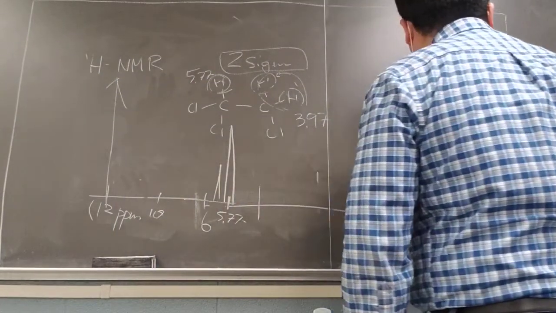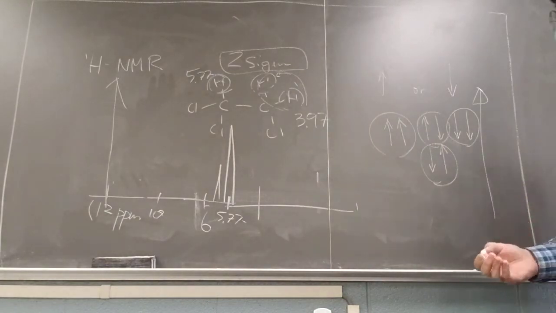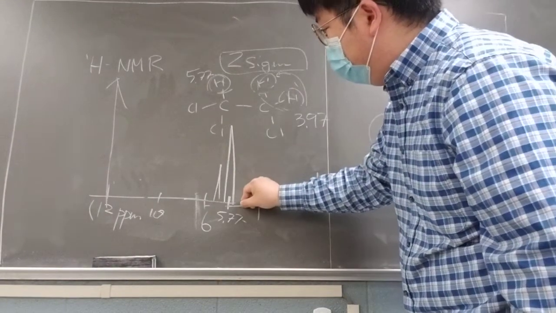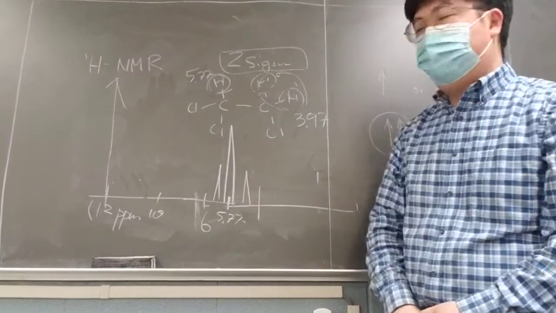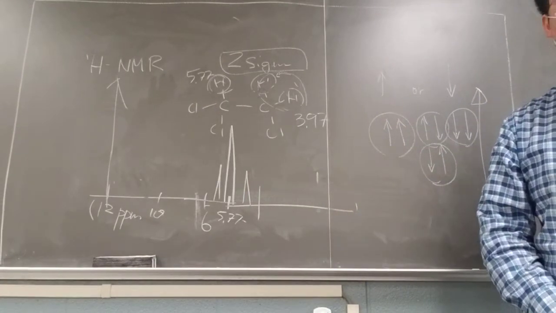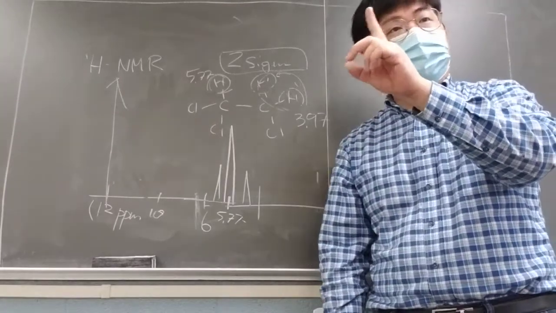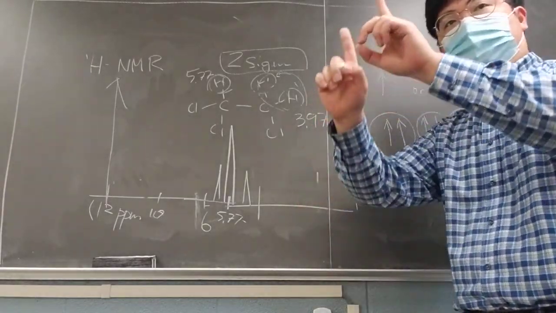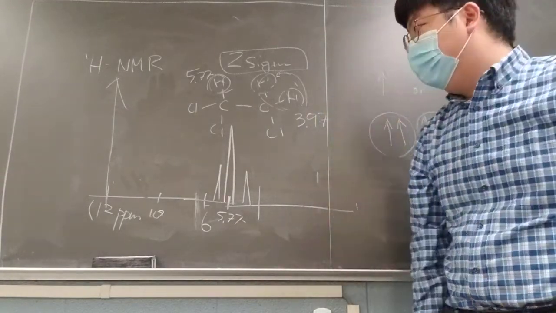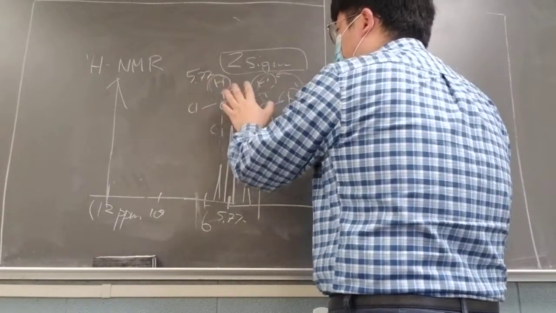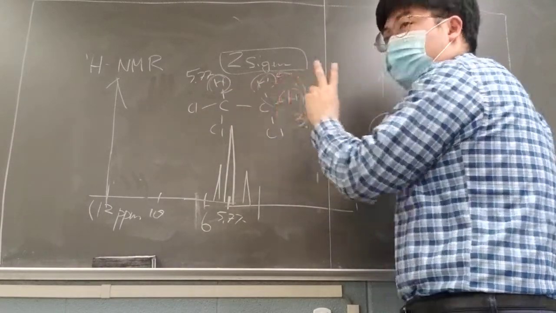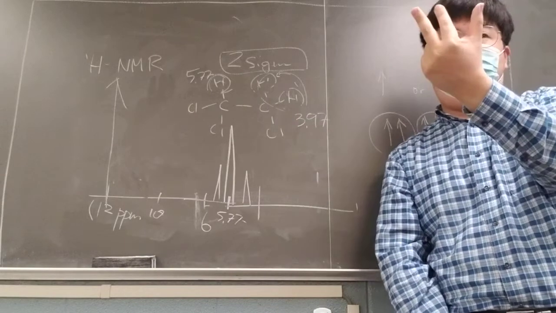If these 2 are heading all against the direction of the magnetic field, there will be more on the right side. So now it's 3. So when the proton is affected by 1 proton, it splits into 2. But if there is 1 proton affected by 2, it's split into 3 peaks.